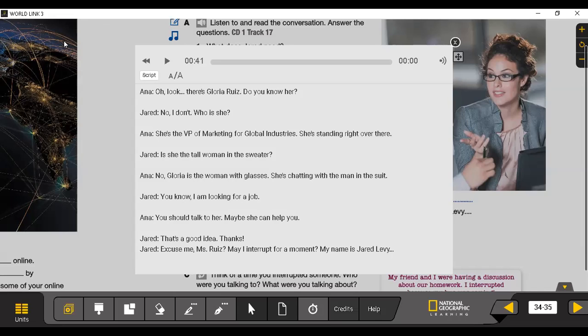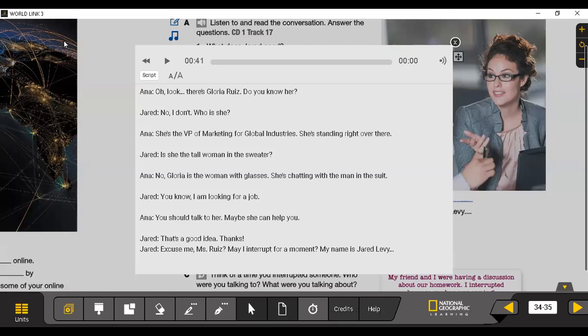Oh, look, there's Gloria Ruiz. Do you know her? No, I don't. Who is she? She's the VP of Marketing for Global Industries. She's standing right over there. Is she the tall woman in the sweater? No, Gloria is the woman with the glasses.